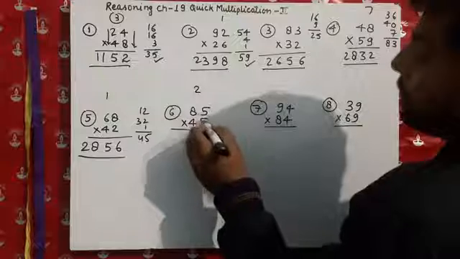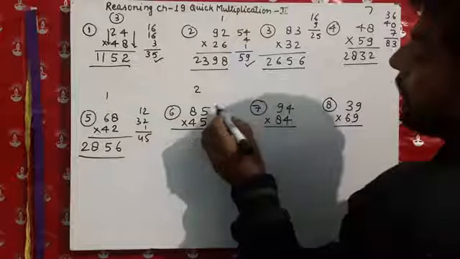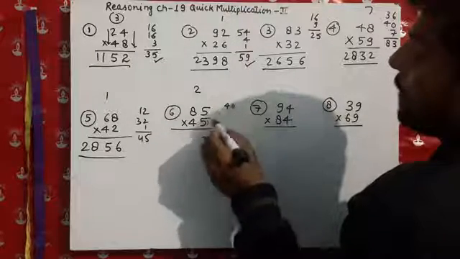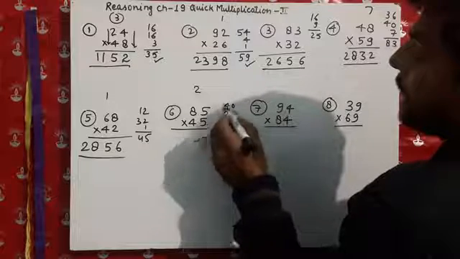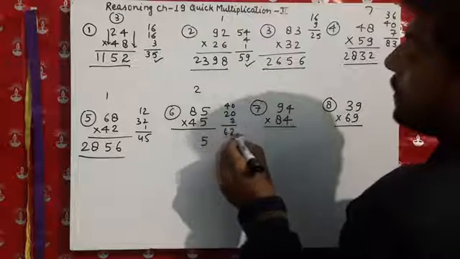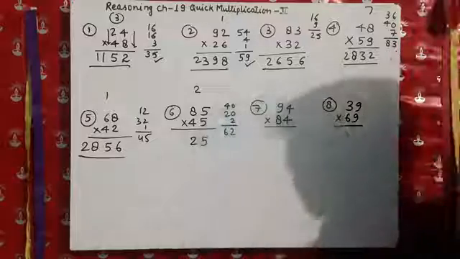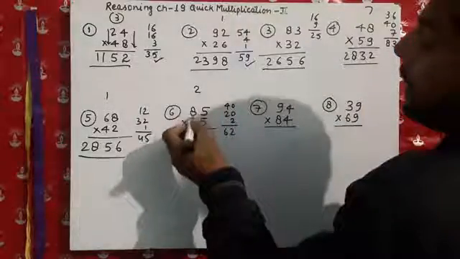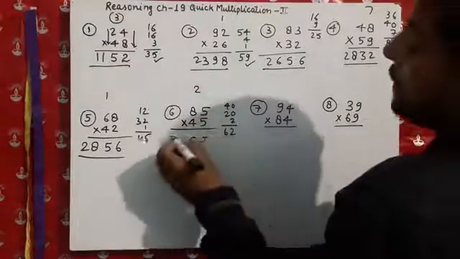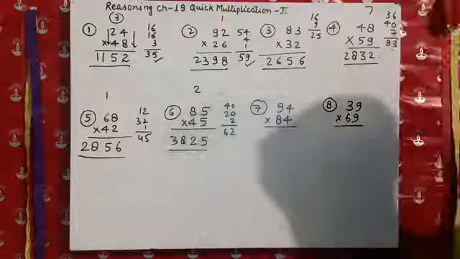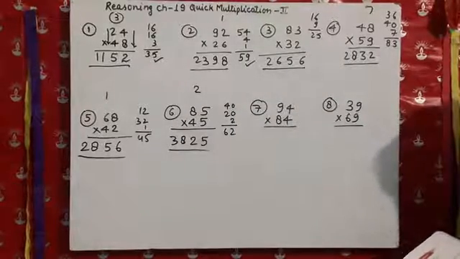Now 8 fives are 40, 2 fives are 10, 4 fives are 20, and this 2. So it becomes 62. 2 is here. Now 6 is carry over. 8 fours are 32, plus 6 is 38. So it becomes 3825.